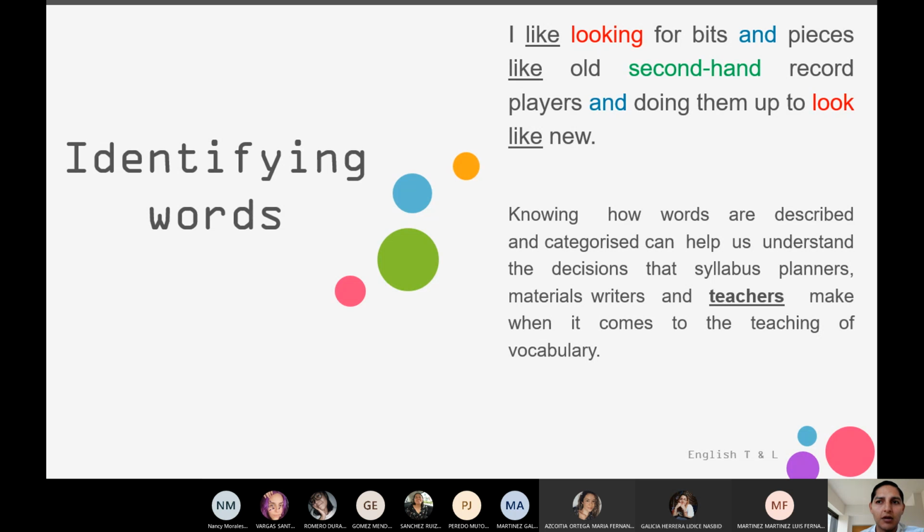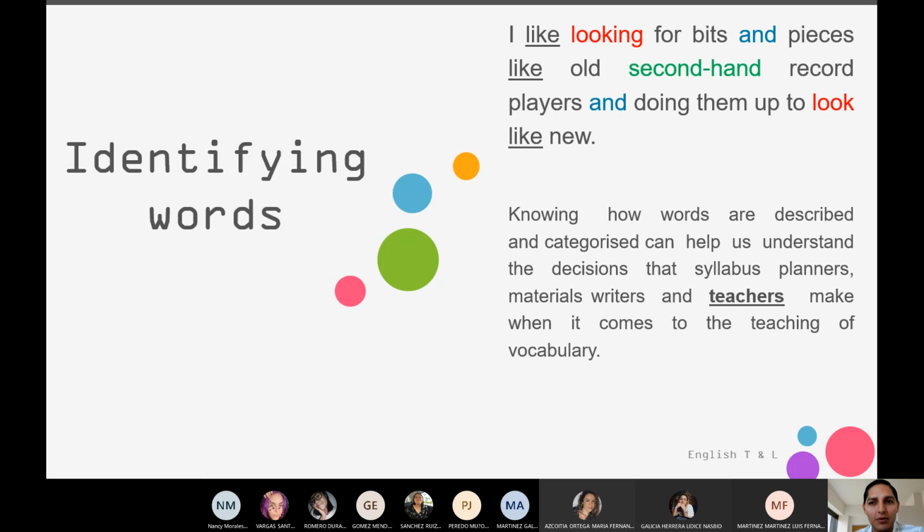We have the connector and with bits and pieces. But if we put it together, bits and pieces, it has a meaning, it has a connotation. It's an irreversible word pair. If you learn or teach word by word, the meaning of the irreversible word pair might not be the same, plus you can't change the order of the idiom, otherwise the meaning is lost completely.